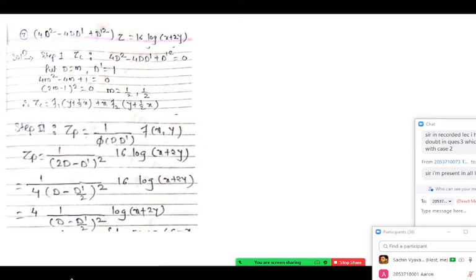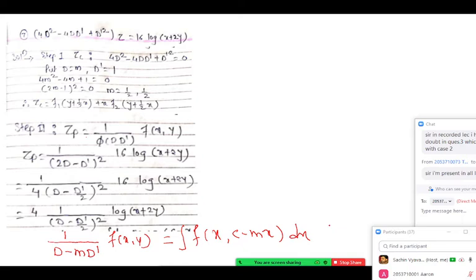Now we are going to use that formula. Now it is in the form of 1/(D − mD') of f(x, y). So that's the form. What is the formula? The formula says 1/(D − mD') of f(x, y) is the integral of f(x, c − mx) dx.